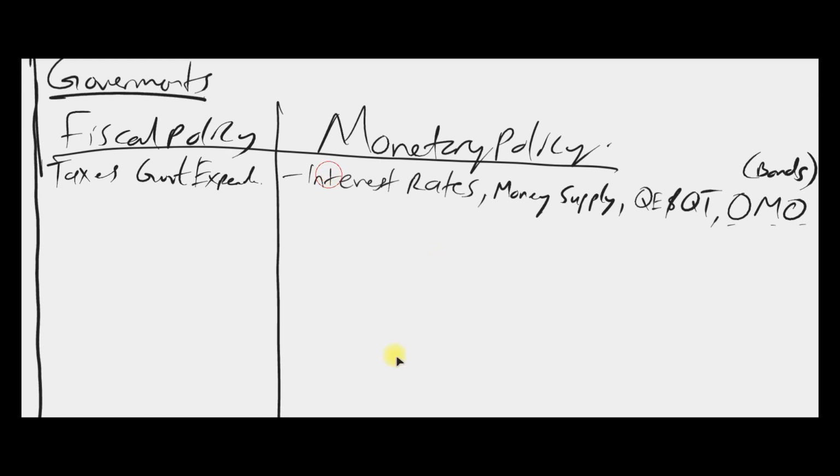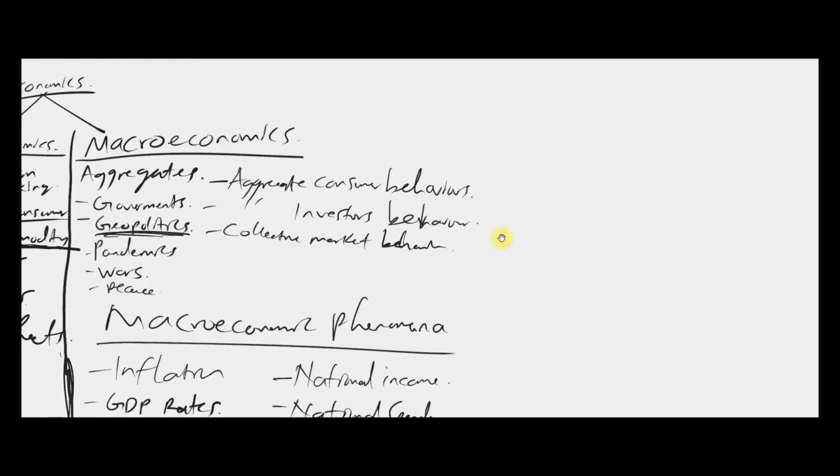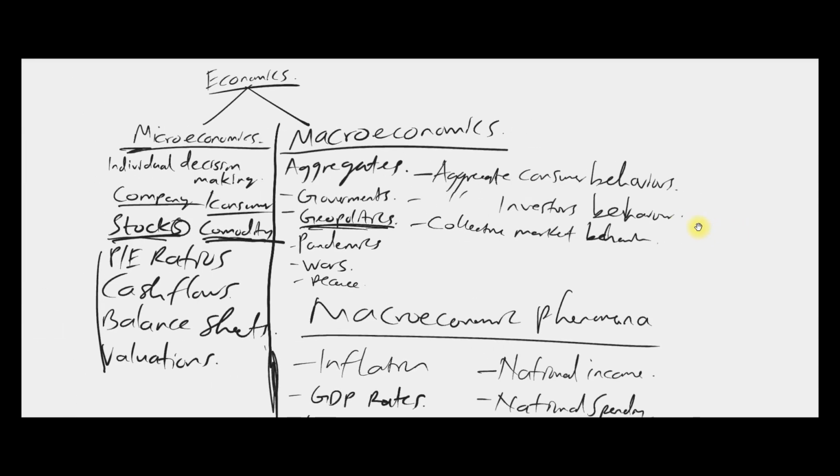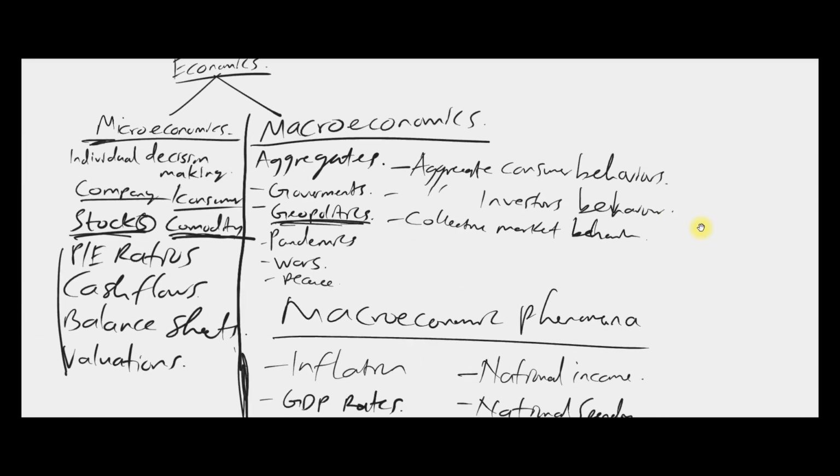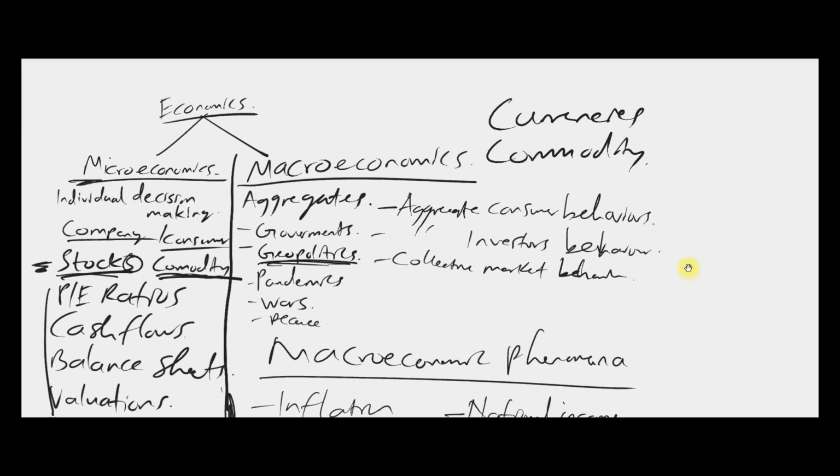Something important I forgot to mention: while we said microeconomics affects stock prices, macroeconomics on the other hand affects currency prices, commodity prices, and last but not least, the stock market as a whole, the collective, aggregate stock market.